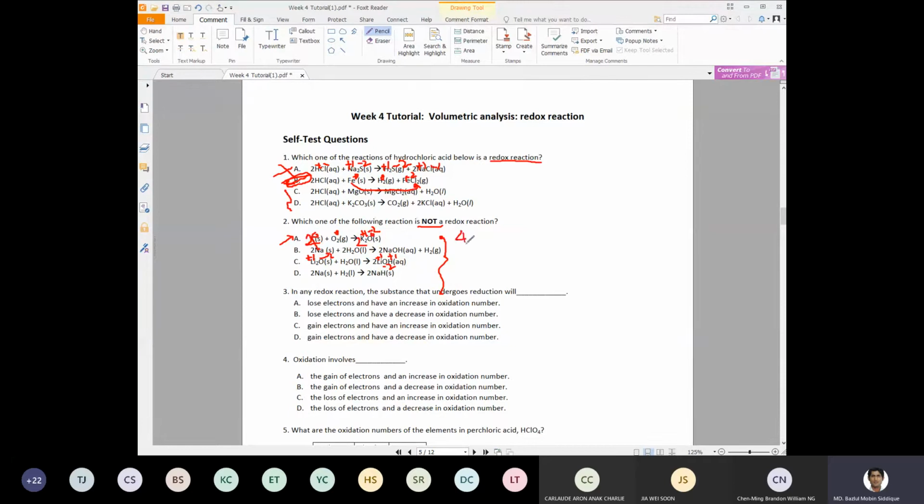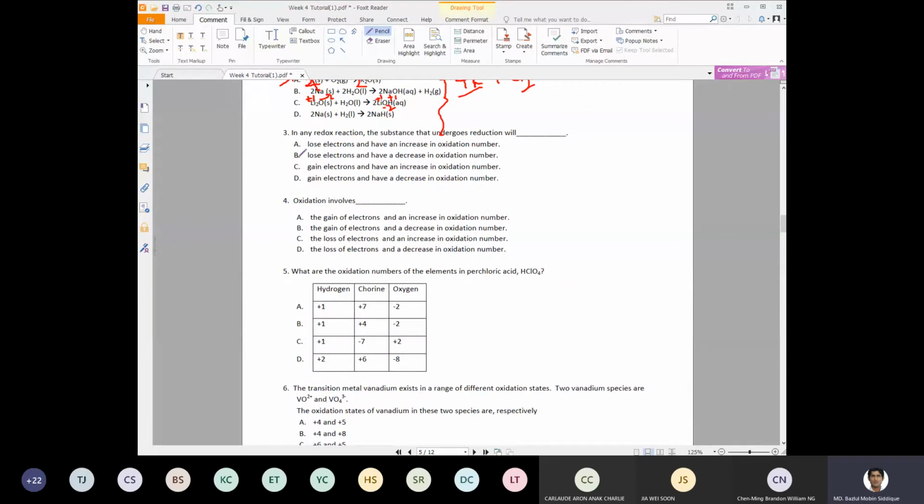So 4K plus O2, that is a gas, so you cannot just write O, it has to be O2. Then we can produce 2K2O. This is how the reaction is balanced: 4 potassium, that is 2 times 2, and 2 atoms of oxygen on each side. Thank you for pointing that out.